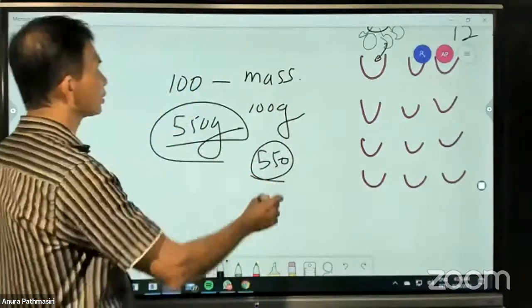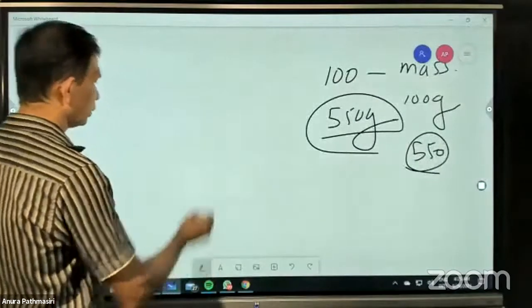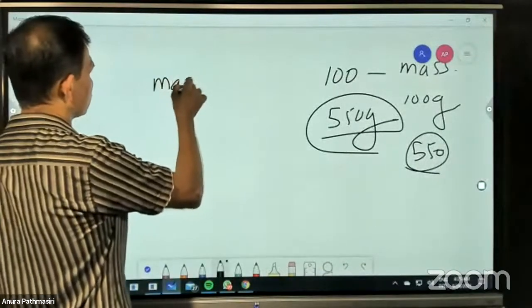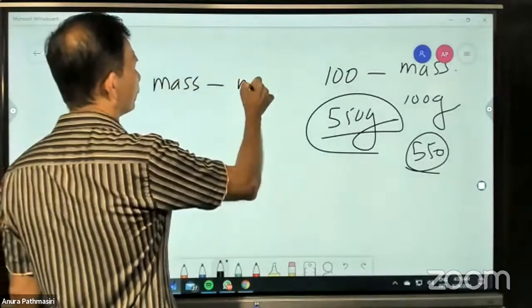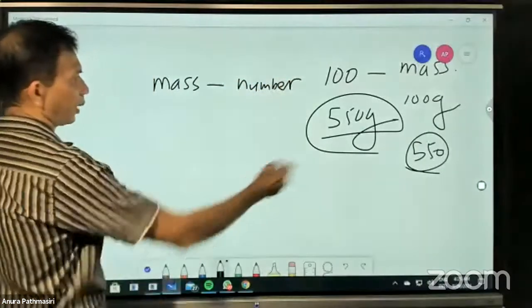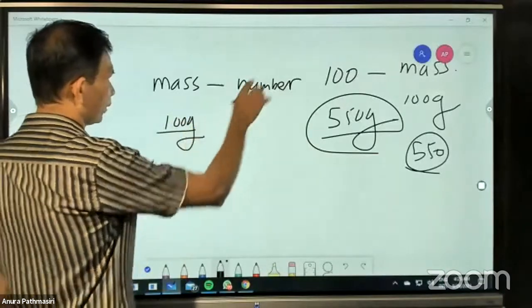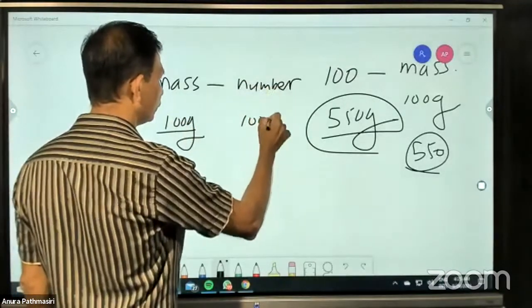And there's a relationship. We understand that there's a relationship, that is the mass and the number. As I told you, if you consider 100 gram, there you have 100 papers.